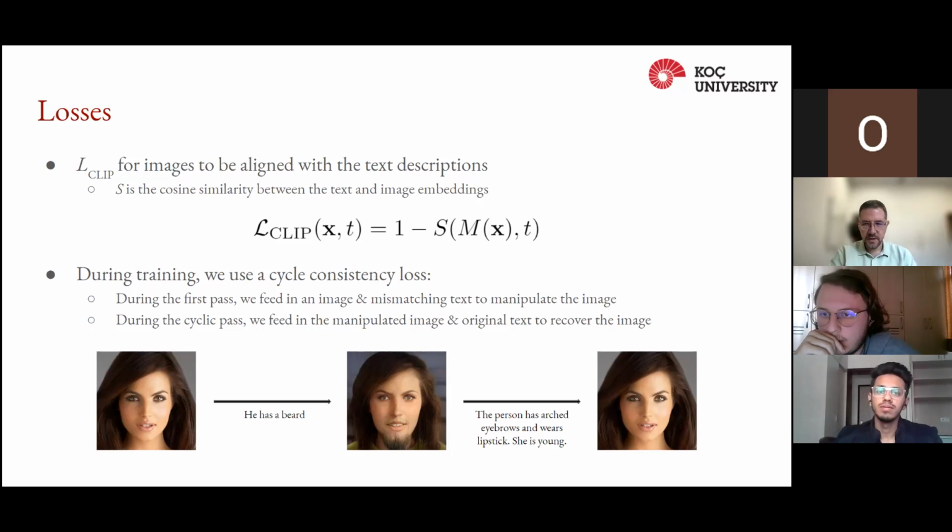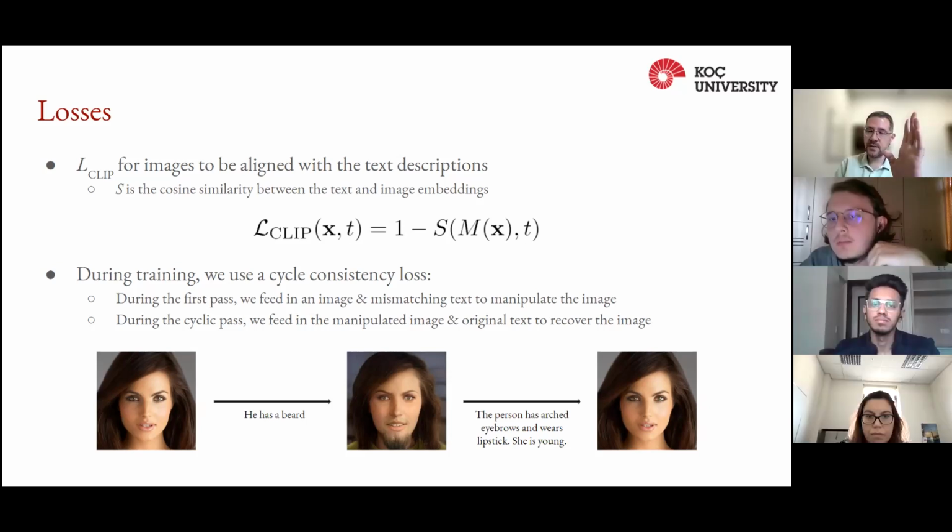Okay, maybe I can clarify certain things before answering your question. So here, during the training process, you don't have ground truth manipulation results. You only have certain images with the correct descriptions. So in the training process, using the captions of the other images in the sampled batch, you basically generate those target descriptions randomly. And there are certain ways, like using the CLIP loss, to measure how good your manipulation results are.